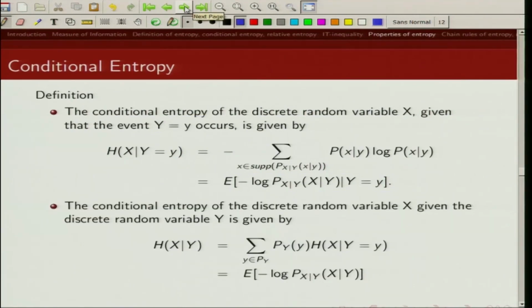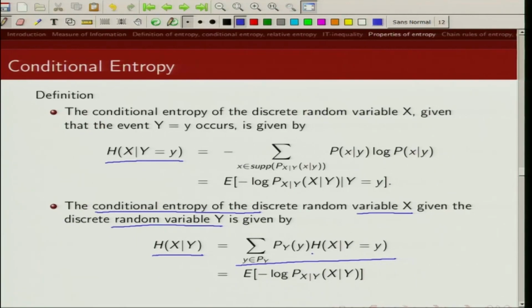Now if I have to compute the conditional entropy of a discrete random variable x given another discrete random variable y, then this can be computed from the conditional entropy which we just defined, as follows. The conditional entropy of x given y is the conditional entropy of x given that a particular event y has occurred, multiplied by the probability of occurrence of that particular event, and we sum it over all y's.